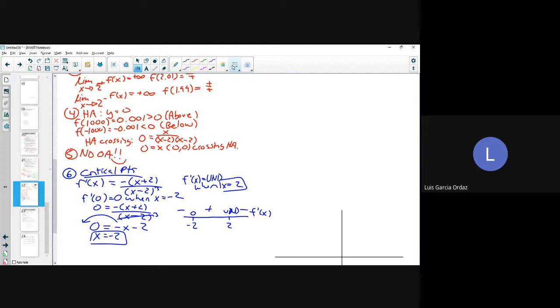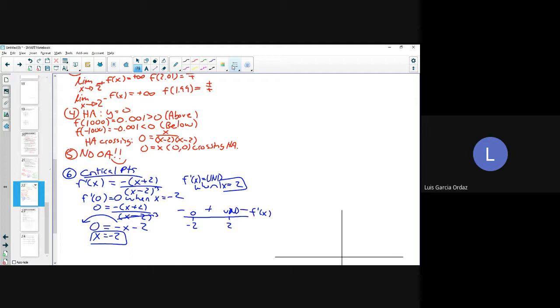So is there anywhere that I have a max or min at? Do I have a max or min anywhere? Remember, if there's a change in sign, so we have a min at 0.